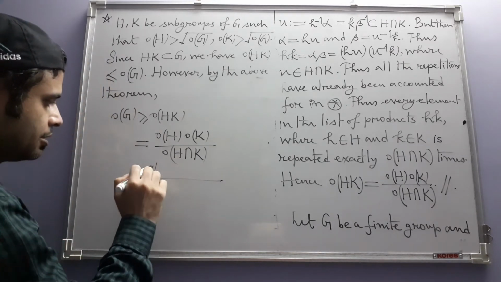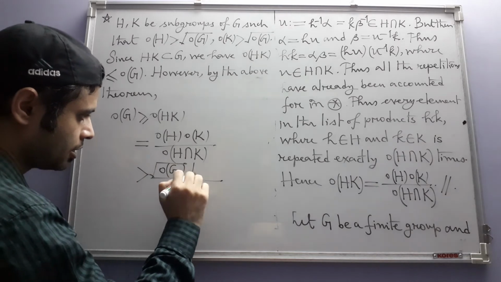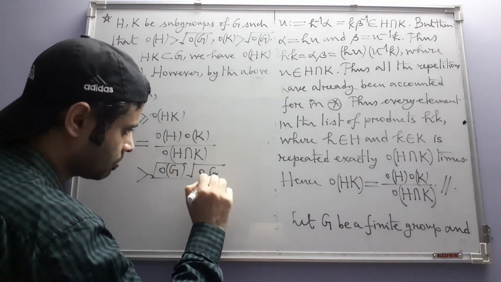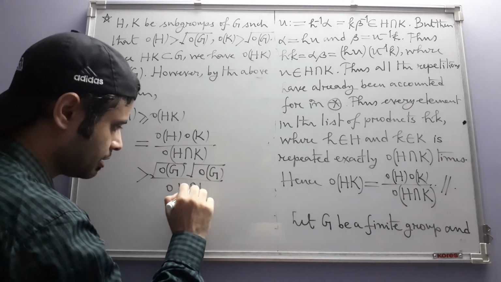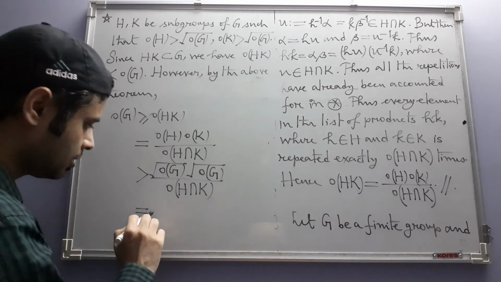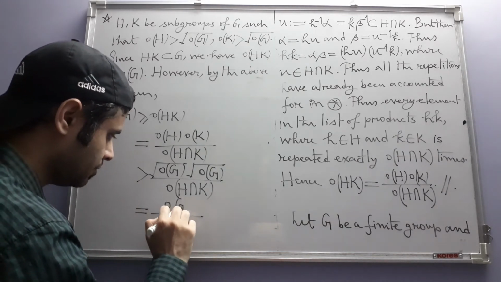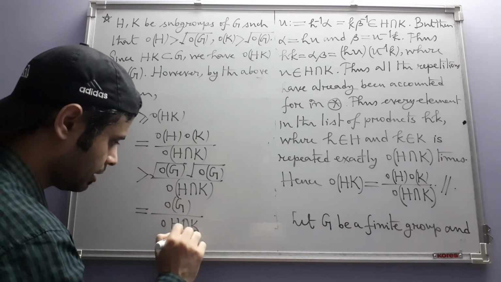We can replace these orders by the square root of the order of G divided by order of H intersection K, and this becomes equal to order of G divided by order of H intersection K.